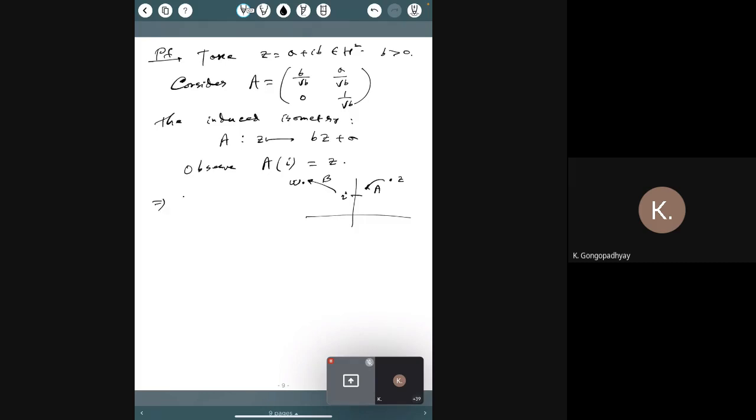So these imply that for all z, w there is g in PSL2R such that gz equals w. So PSL2R acts transitively on H2.